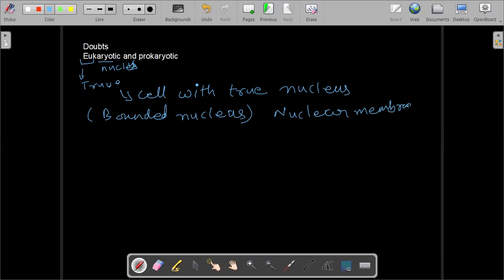Apart from having a bounded nucleus, there are certain other features in eukaryotic cells.